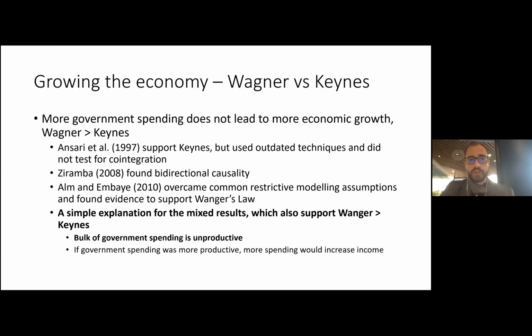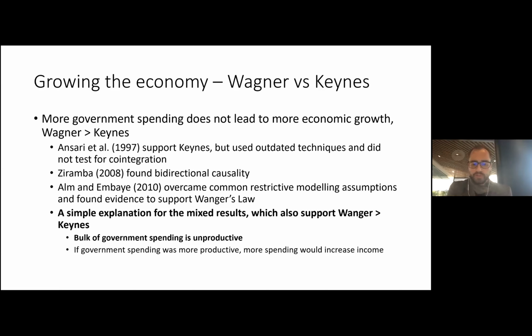And it's more that we see Wagner's law holding in South Africa, where you first grow the economy, and as a result of that, government then grows or starts spending more. So just going to summarize here briefly a simple explanation for the mixed results that were initially got between these different authors, Ansari et al., Zarambi and Alvin Baya, between whether Wagner's law holds or Keynes' approach holds, can be ascribed to the fact that the bulk of government spending is unproductive.